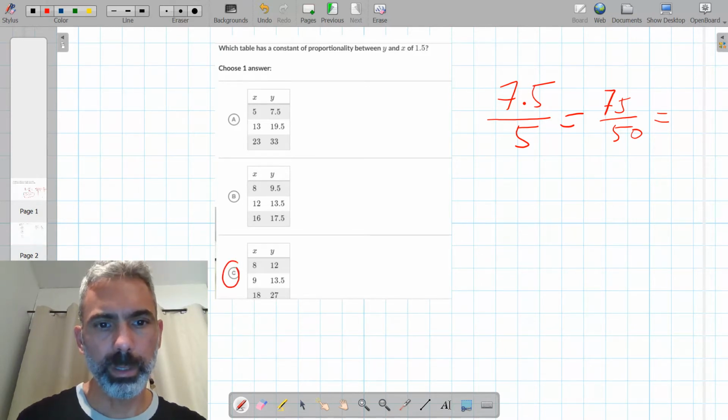Okay, here in C it's 1.5 between y and x.